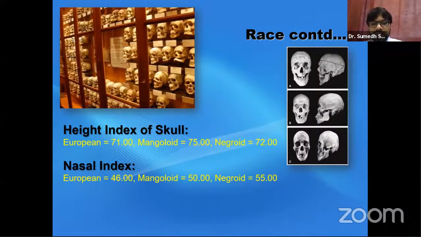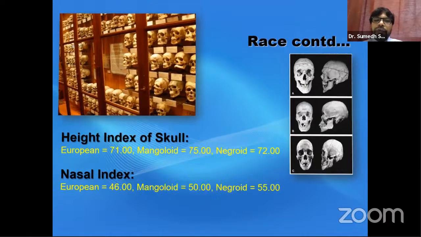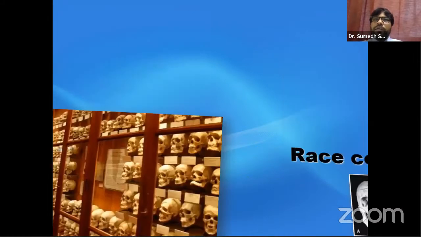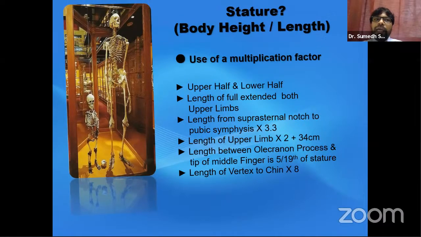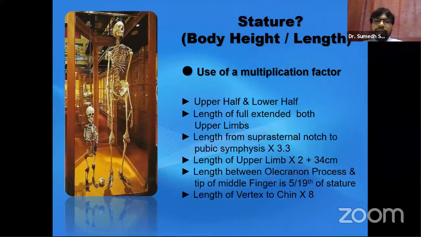This nasal index is important, and it shows a significant degree of deviation in all racial or ethnic origins. It even shows certain differences between male and female to some degree.